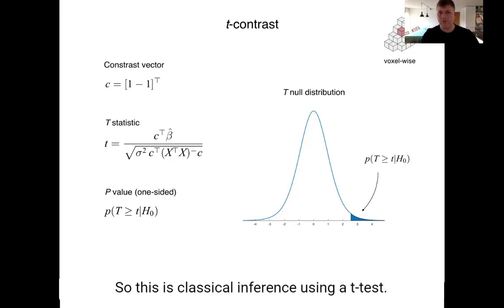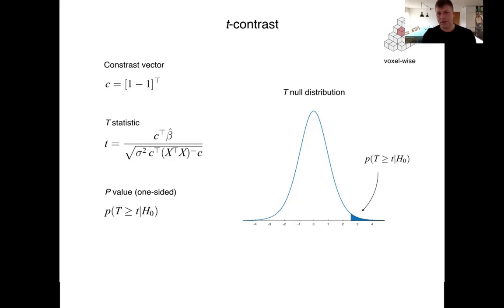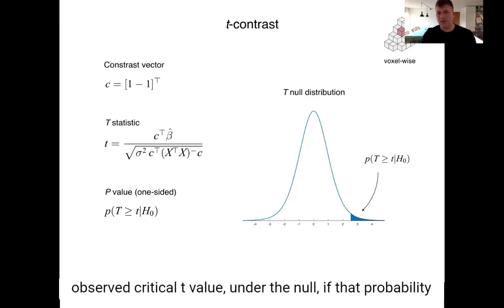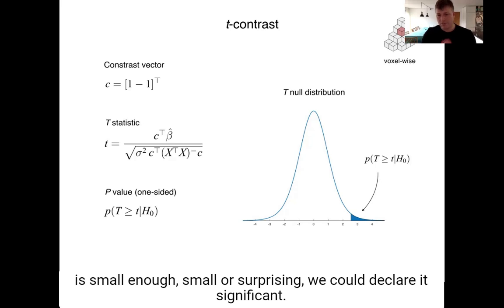So this is classical inference using the t-test. If that probability is small or surprising, we could declare it significant.